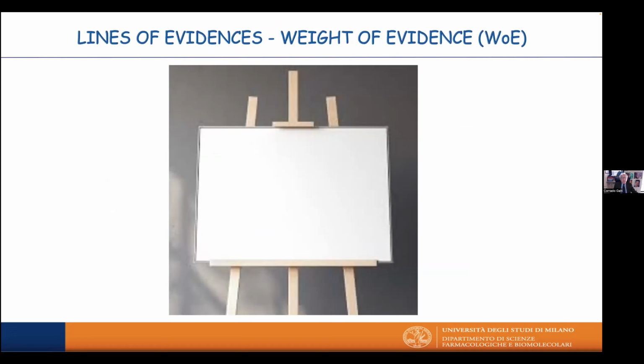Now, going ahead, now you have your lines of evidence, and the international guidelines will ask you to weigh the evidence, these lines of evidence. It means that you have to put together all the lines of evidence and then, on the basis of quality, on the basis of different parameters that are present in the guidelines, weigh all the evidence.